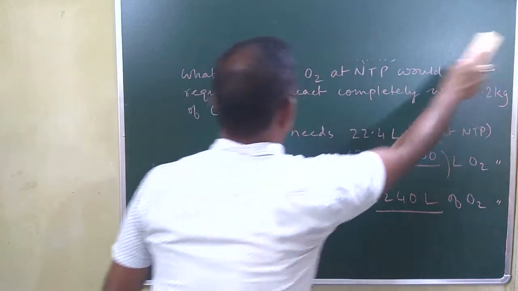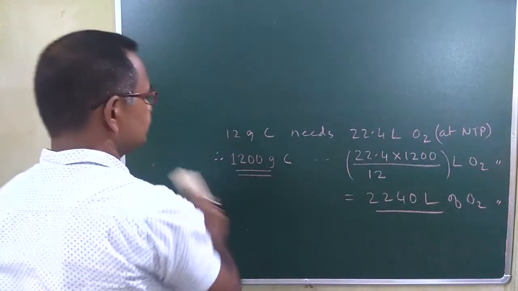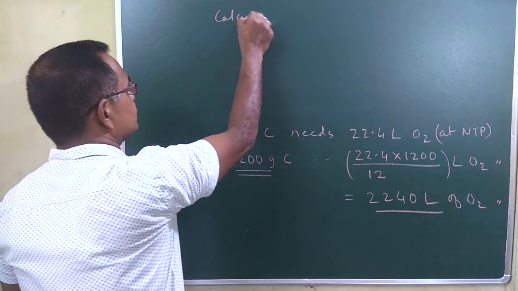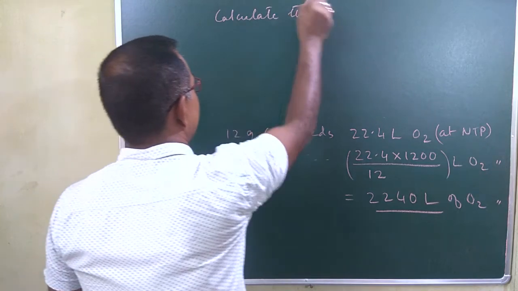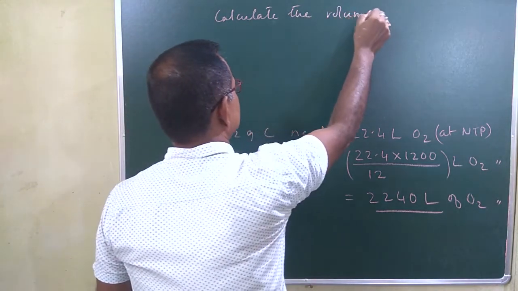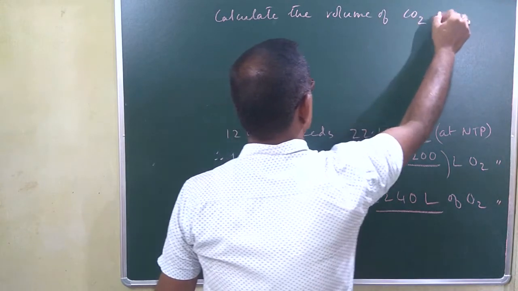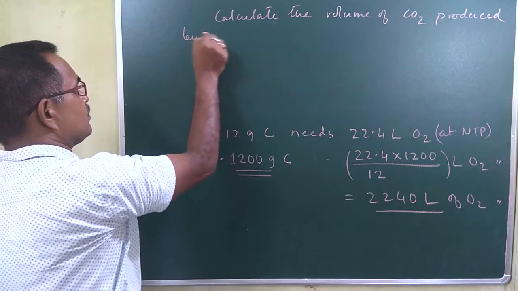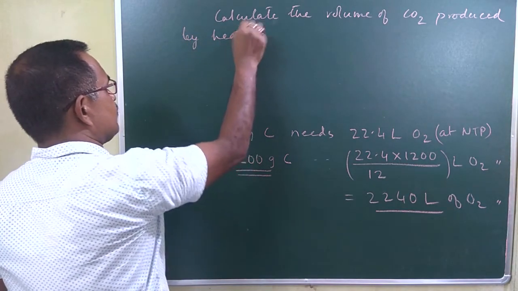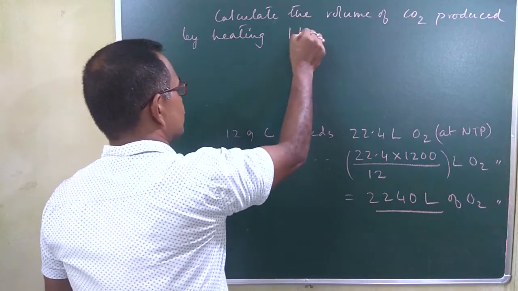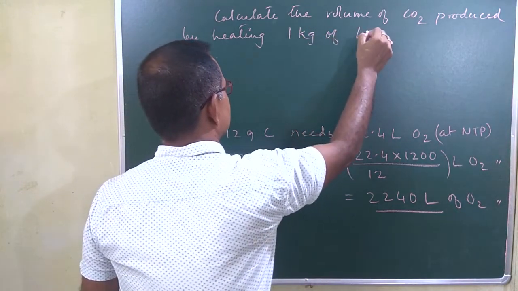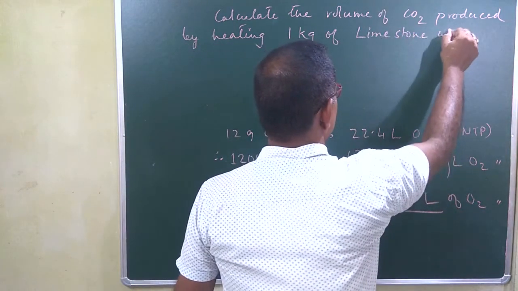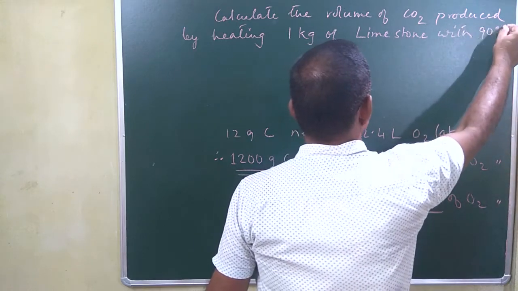Consider another example. Say, calculate the volume of CO2 produced by heating 1 kg of limestone with 90% purity.